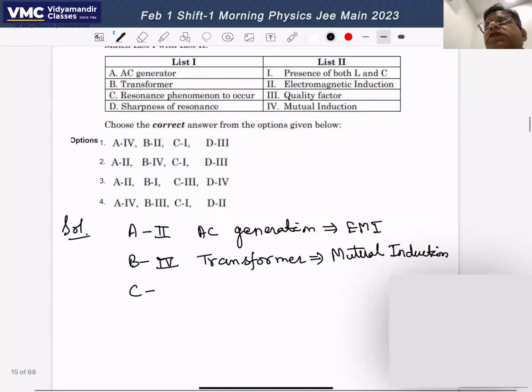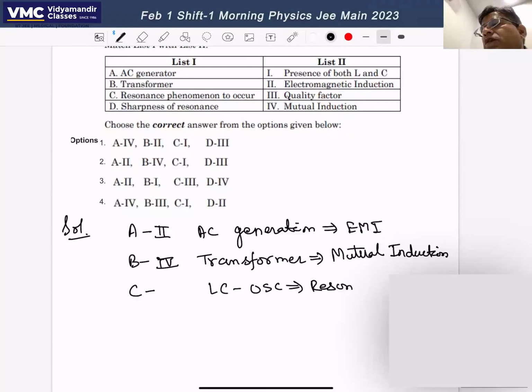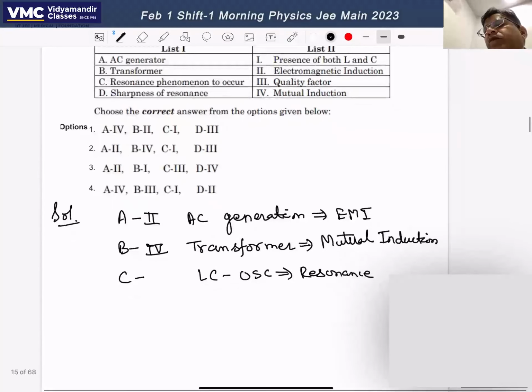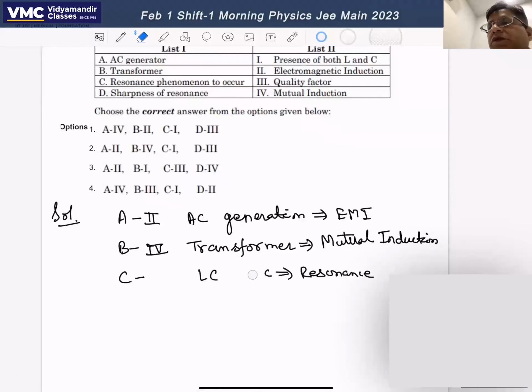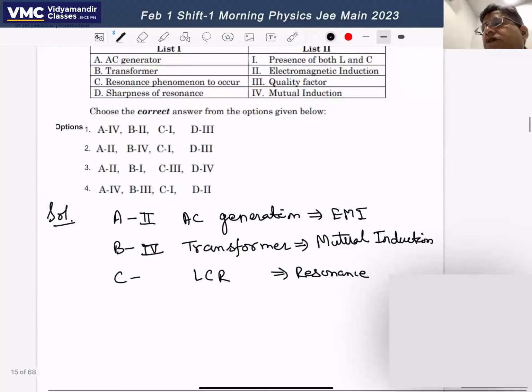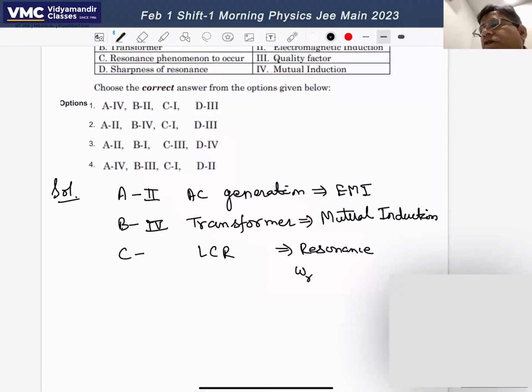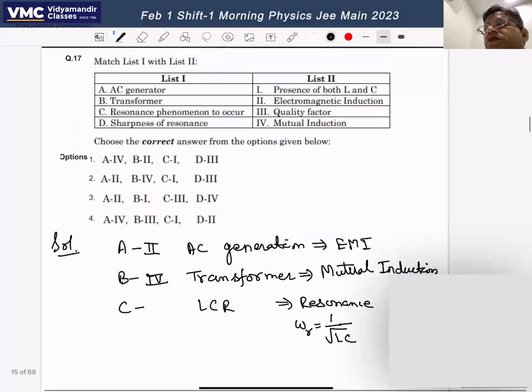For list one C part, resonance, for resonance to occur, there should be say LC oscillation. So LC oscillation may have some resonance. So its circuit should be say LCR circuit. For resonance, resonance frequency is say 1 by root LC. So that means inductor and capacitor are needed.